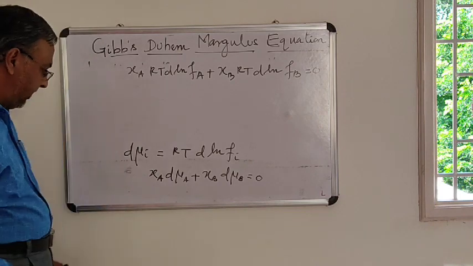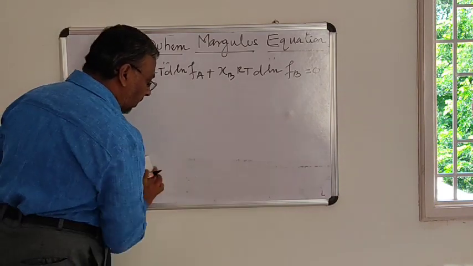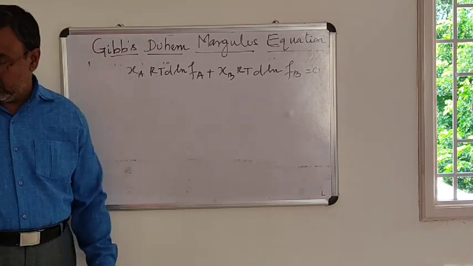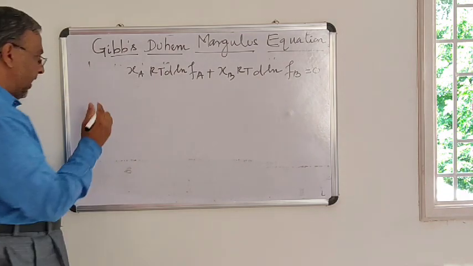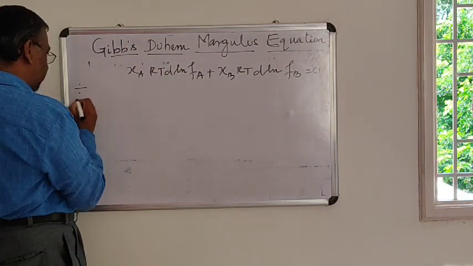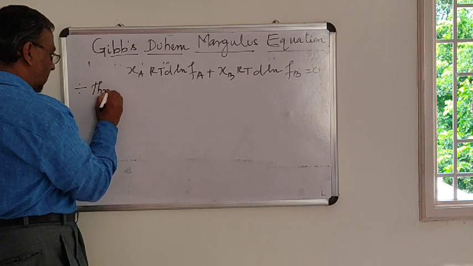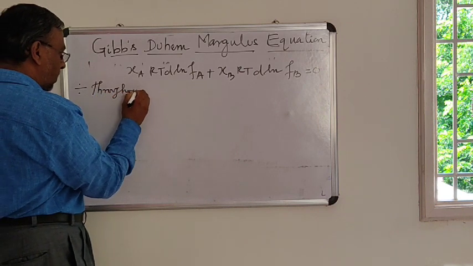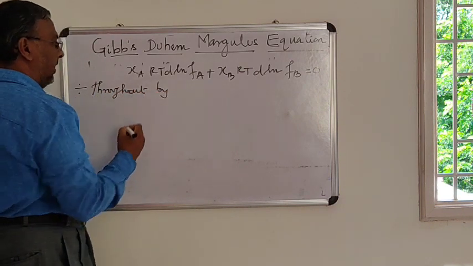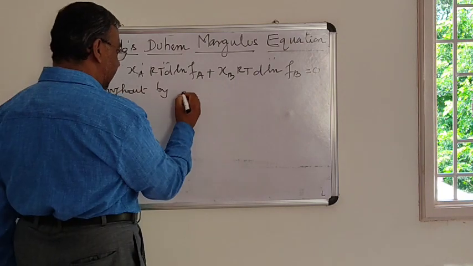When I insert this in this equation, I can write it like this. Now what I am doing is dividing this equation throughout by dxa.